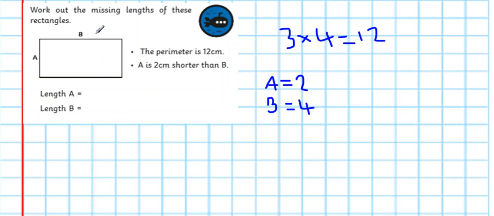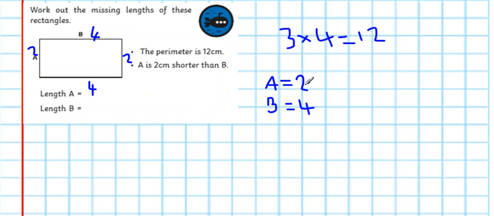So I've got 4 add 4, add 2, add 2. So 4 add 4 is 8, add 2 is 10, add 2 is 12. So we are correct there because A is 2 centimetres shorter than B, so 2 is 2 less than 4. And if we add them together, we get a perimeter of 12, okay?